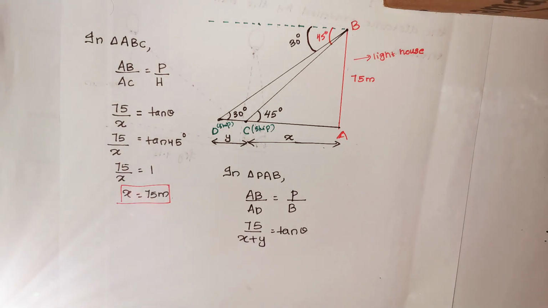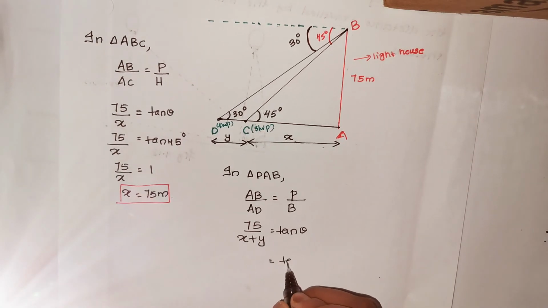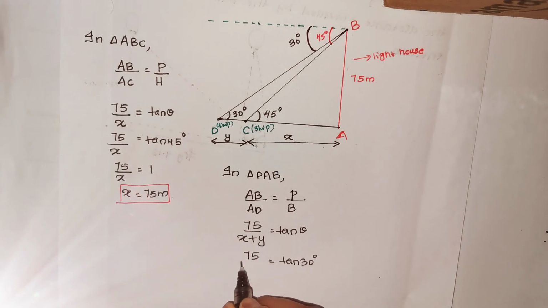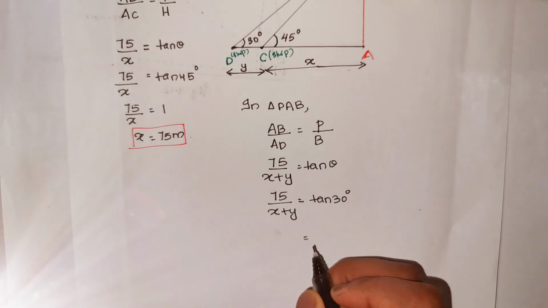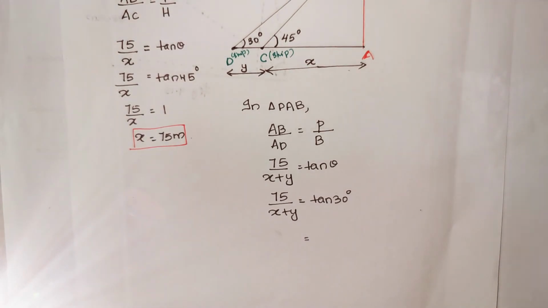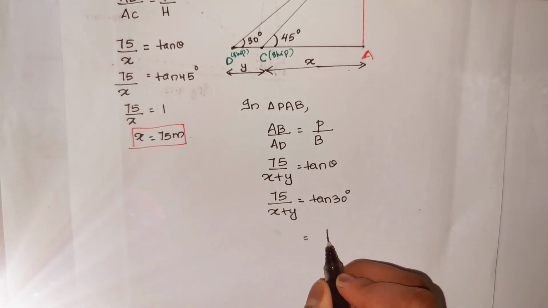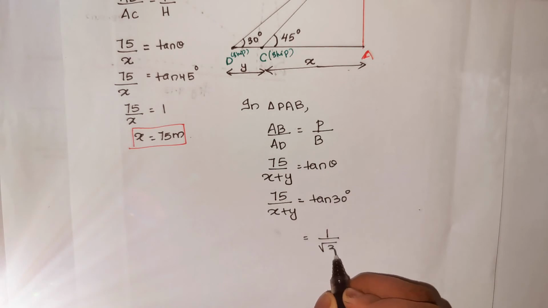What is the value of theta? Theta is 30. So, I am substituting here tan 30 degree. So, tan 30 degree is equal to 75 by x plus y. So, next we can substitute the value of tan theta. What is tan theta? It is 1 by root 3.